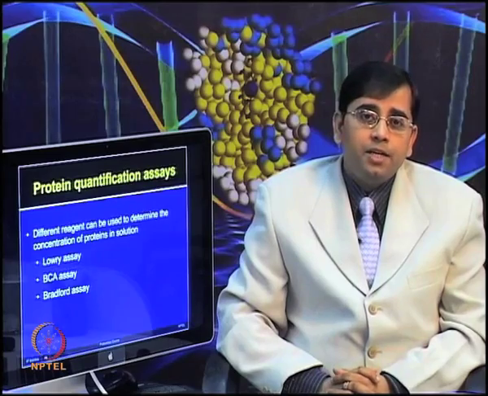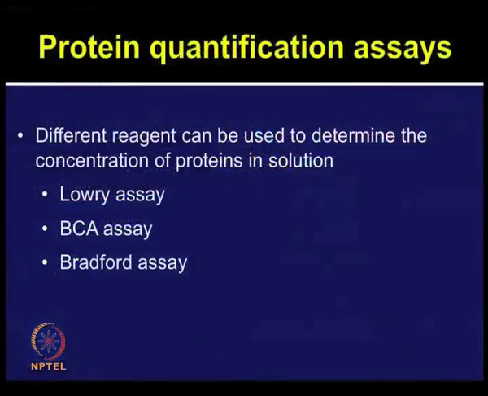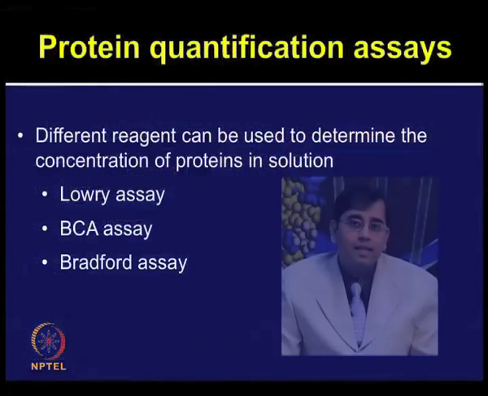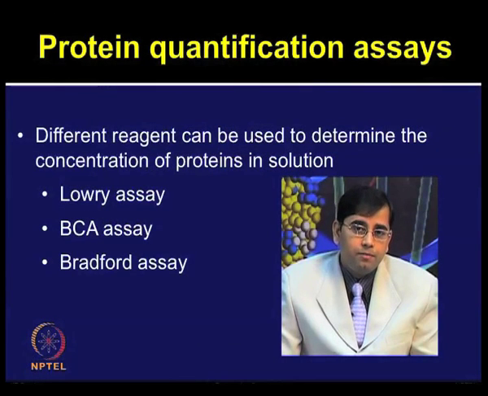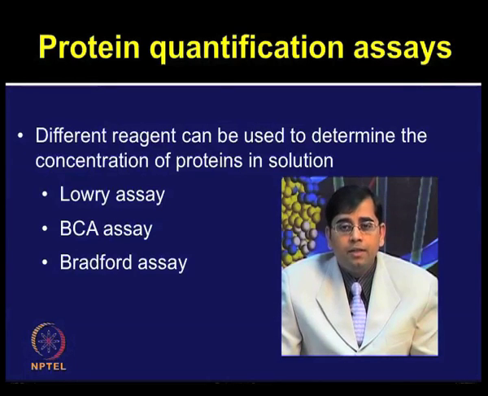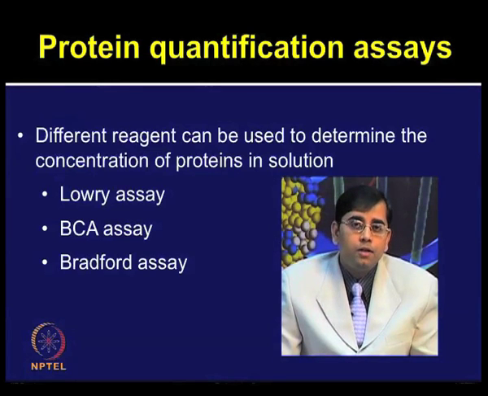To overcome these limitations, different reagents and quantification assays have emerged, and these reagents can be used to determine the concentration of proteins in a given solution. These methods include the Lowry assay, BCA assay and Bradford assay.